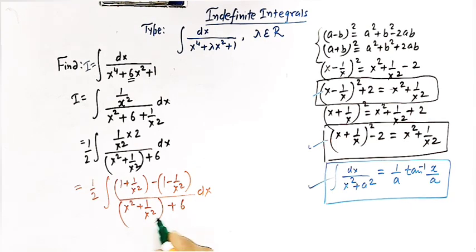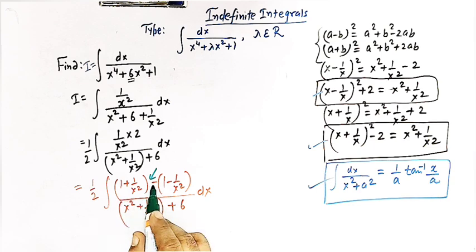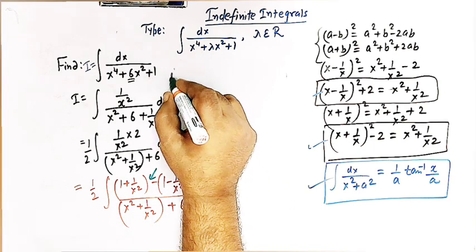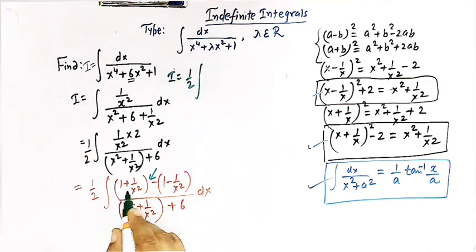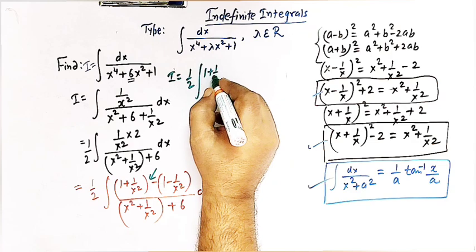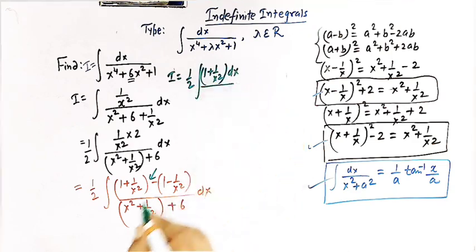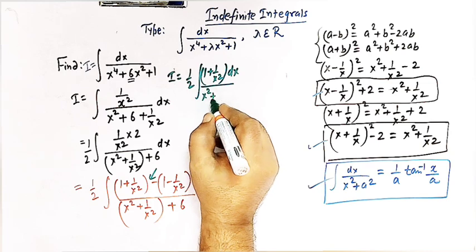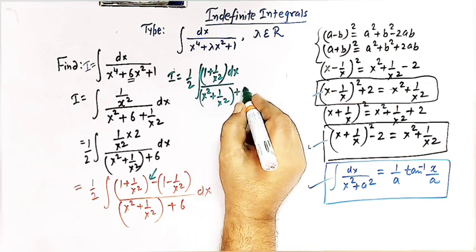So now the next step is to split this integral as a difference of two integrals, right? Here we'll split this integral at this negative sign, that is we'll write I is equal to half, then we have 1 plus 1 over x square, and here we have dx, in the denominator we have x square plus 1 over x square plus 6.